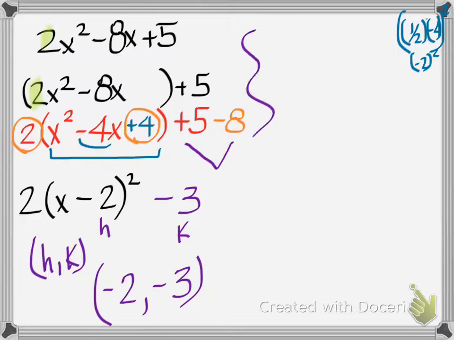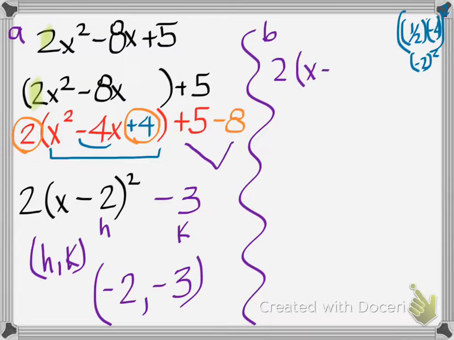The next part, part B for number 1, says if this is a function, we want to find the zeros. If that's the case, we want to set the answer we came up with equal to 0 and solve. We take the equation written in vertex form, 2 times x minus 2 quantity squared minus 3, and set it equal to 0.